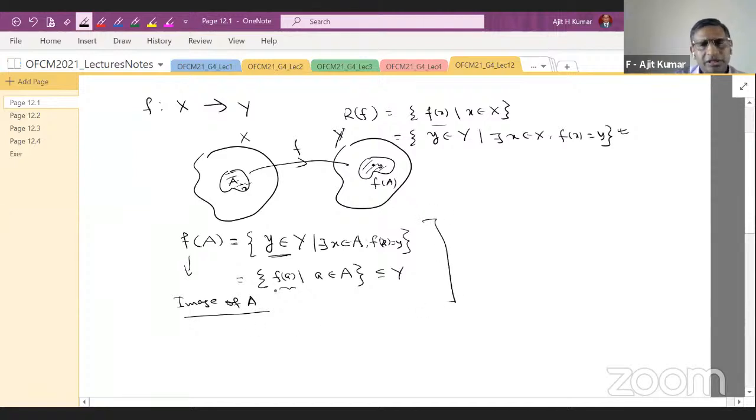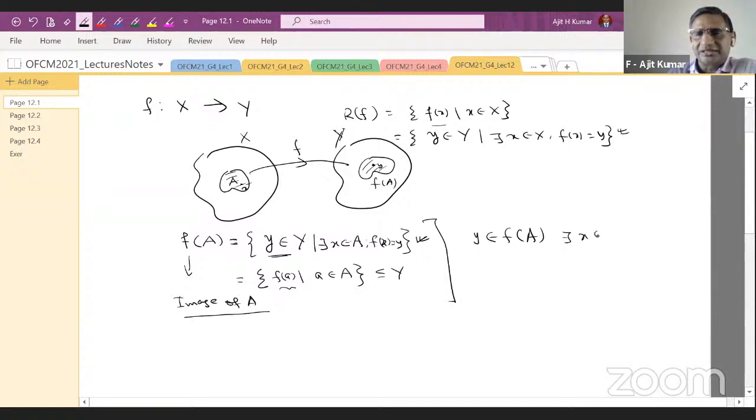Now you see the advantage of writing the definition this way: immediately we know when an element belongs to f of A. If I say y belongs to f of A, by definition it tells me that there exists some x in A such that the image of x is y.